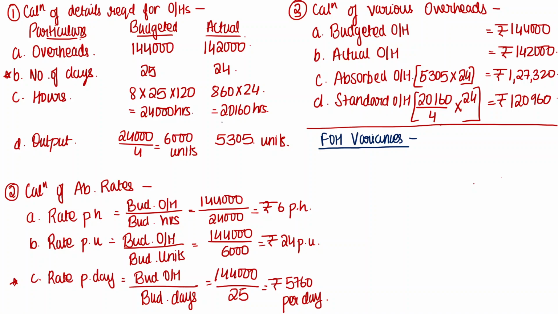The first variance that we are going to see is fixed overhead cost variance. This variance is nothing but how much money has come into your pocket and how much money has gone out of your pocket.